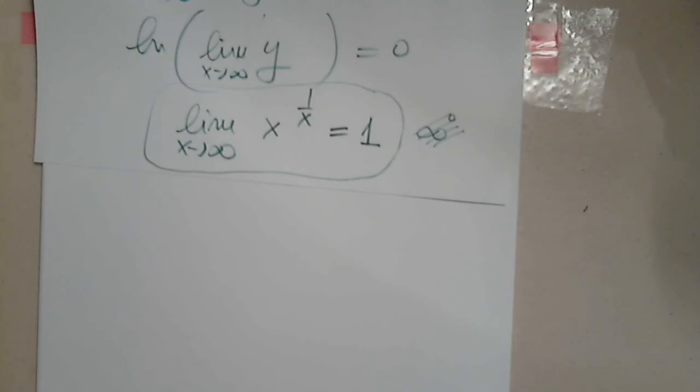Okay, so this section is finished. We do have 15 minutes left, and I would like to go through another exercise with a function that has slant asymptotes this time.